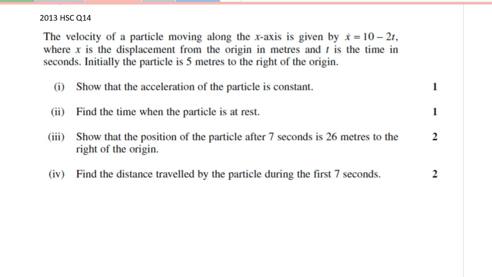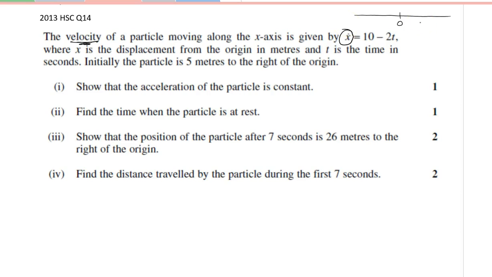It says, the velocity of a particle moving along the x-axis is given by... the velocity. So that's important to read. Note that x has got a dot on it, and it's in terms of time. When it says it's going along the x-axis, that's back to the idea that you can always think about your particle moving backwards and forwards along a horizontal axis.